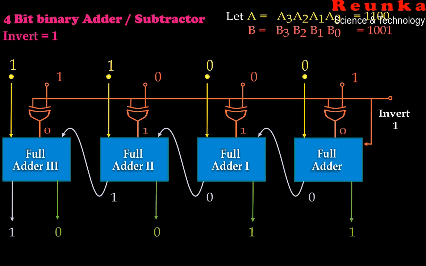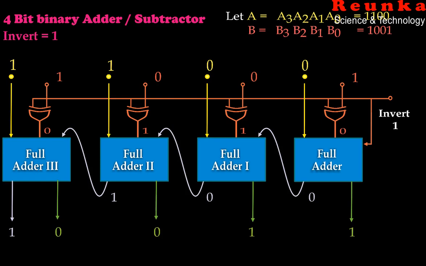This carry 1 is given to the fourth full adder. So input to the fourth full adder will be 1, 0, 1. Middle 0 is complemented by B bit 1 as it is the output of the XOR gate. So here 2 1s are added. 1 plus 1 will create sum as 0 and carry will be 1.